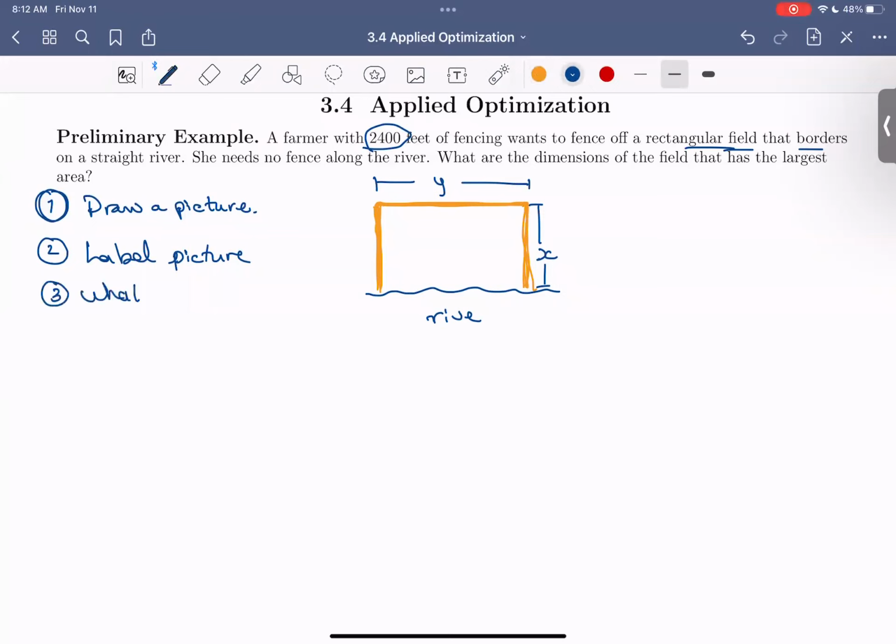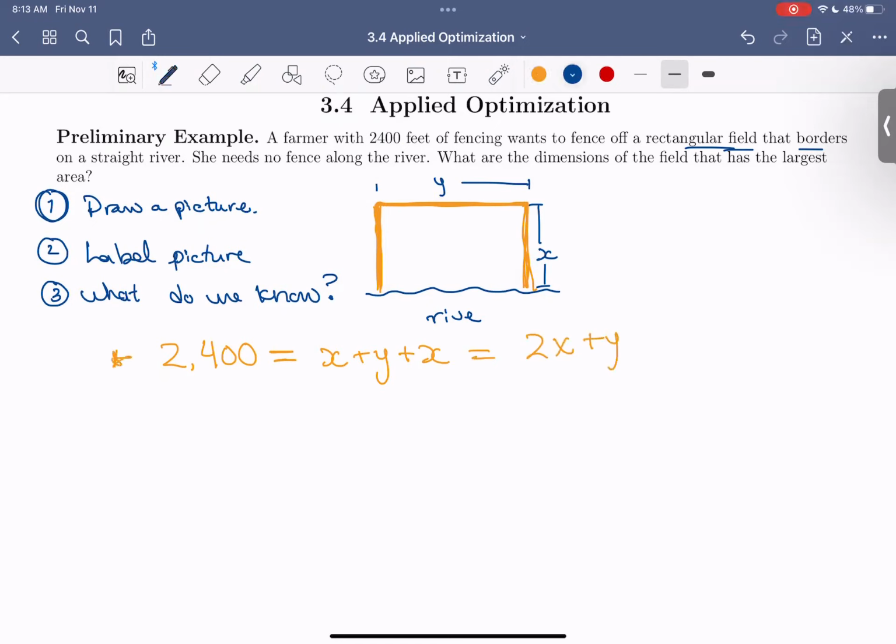Well, we know we have 2,400 feet of fencing, and that needs to be equal to the perimeter of our field. How would we compute the perimeter of our field? We just go around, adding up the length of each side. For us, that would look like X plus Y plus X, which is just 2X plus Y.